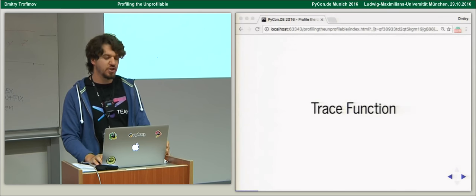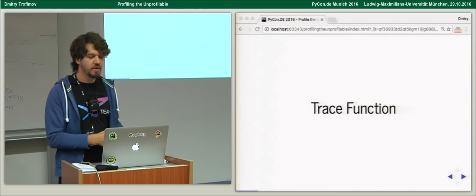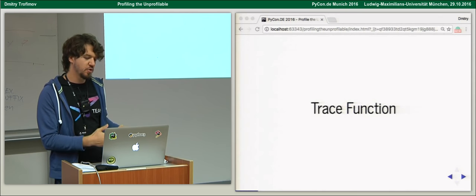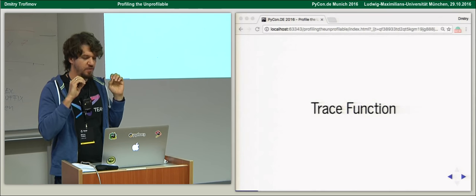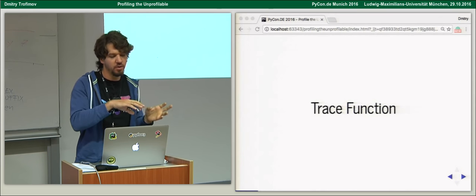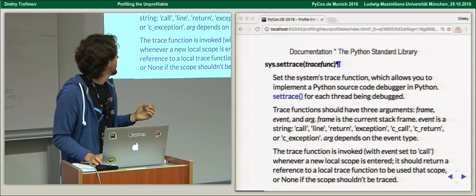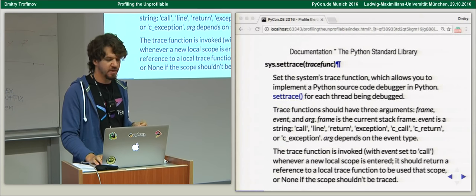I said trace function, so I'll explain what it is. At the core of the debugger lies the thing called the trace function. That's actually a window through which the debugger looks into your code. The Python standard library provides this API to develop tracing and debugging tools.